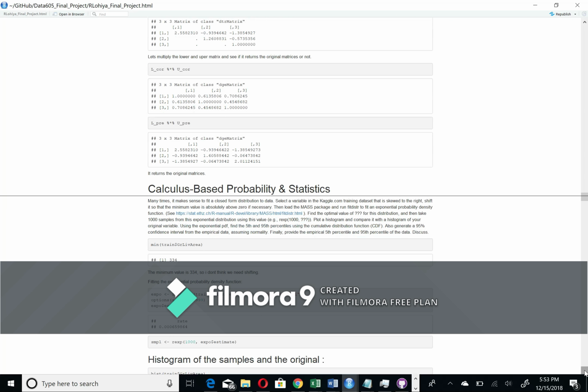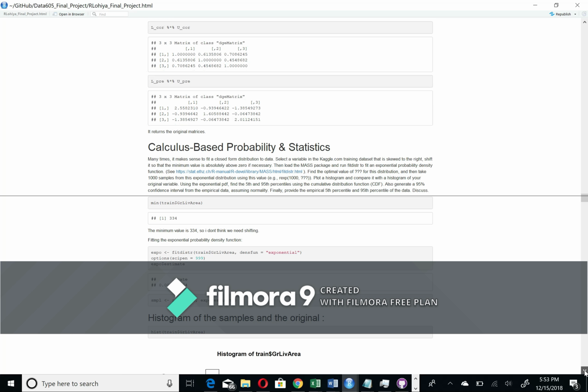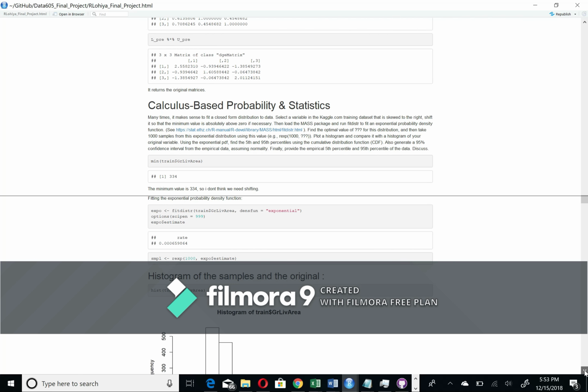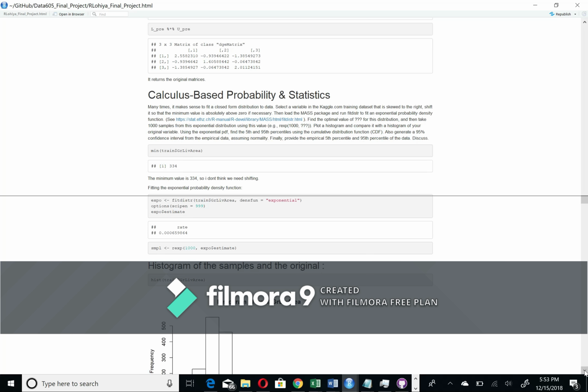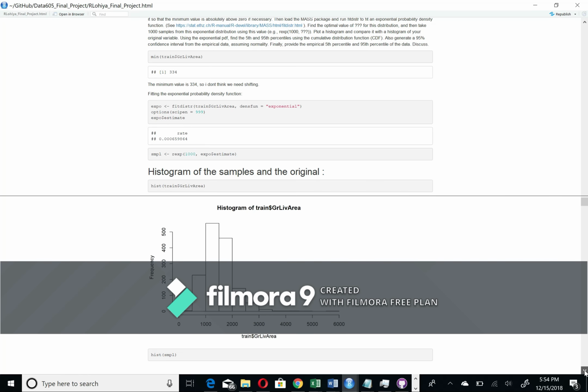Then we had to do calculus-based probability and statistics. Choosing one variable, I chose gross living area. I tested what the minimum value is. The minimum value was 334, so I don't think we need shifting here.